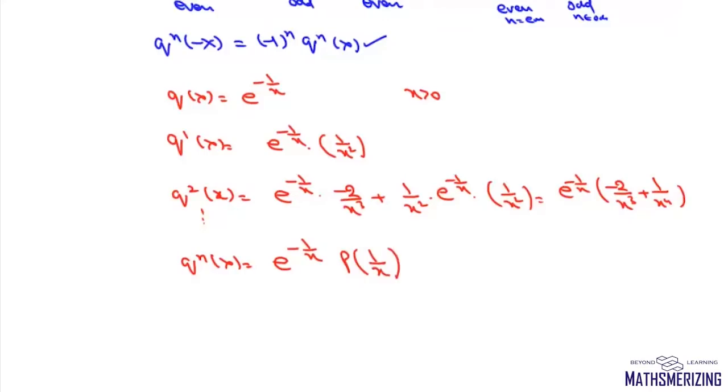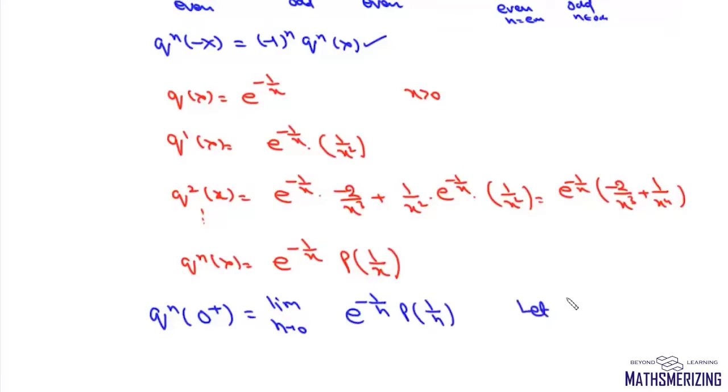Now if we have to find q^(n)(0) positive, it will be this limit: h tends to 0 of e to the power minus 1 by h times P(1 by h).